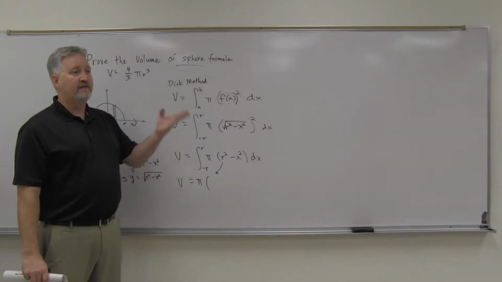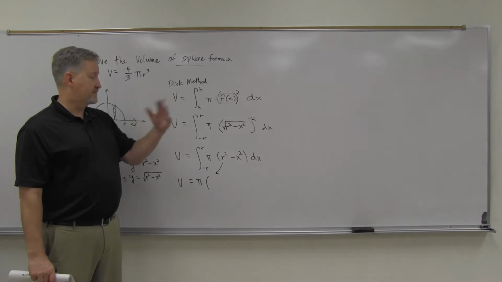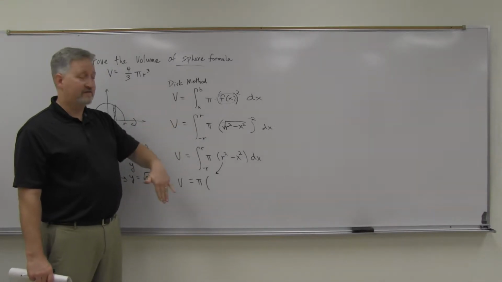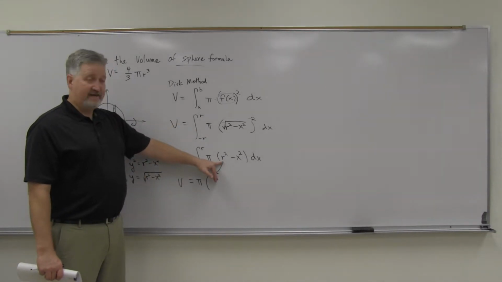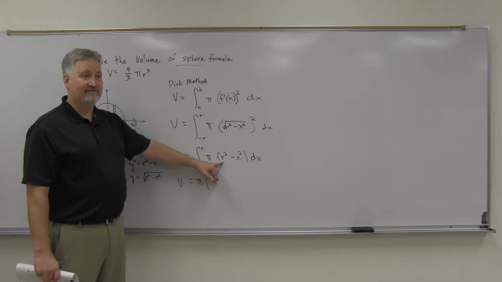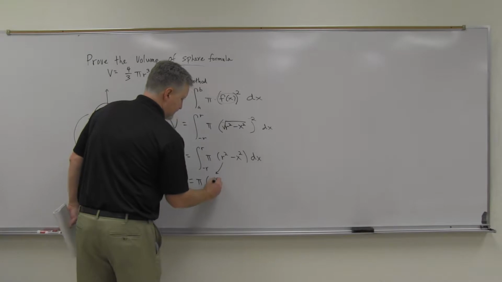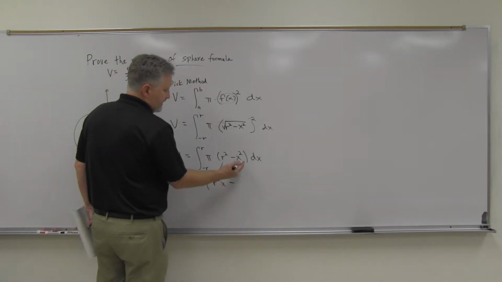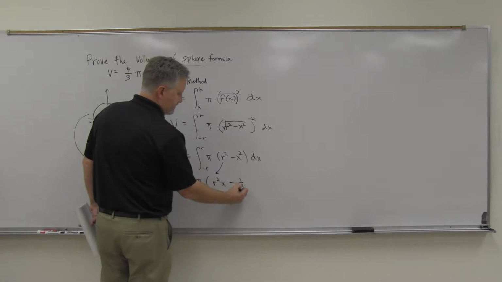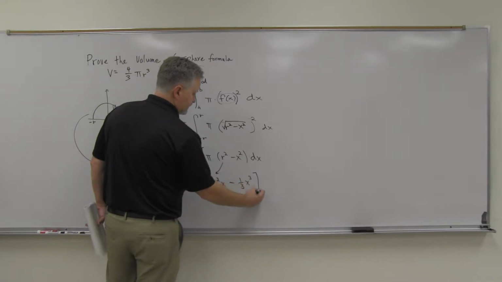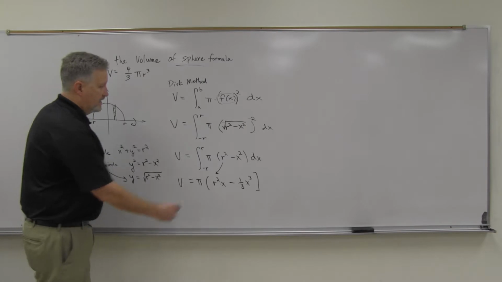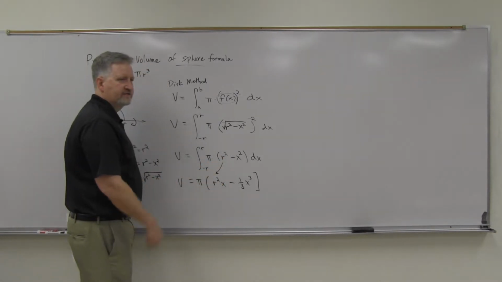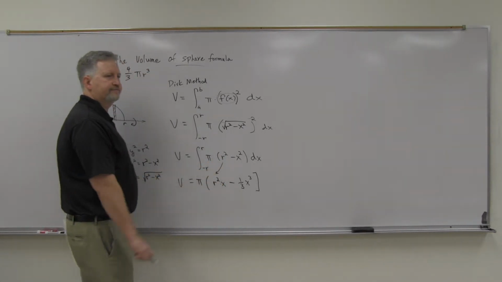If you have a number like 5, the antiderivative is 5x. Well, this is a number like that, so the antiderivative would be r squared x. And then the antiderivative of x squared is 1/3 x cubed. So when you take the antiderivative, you just add an x to it. Okay?